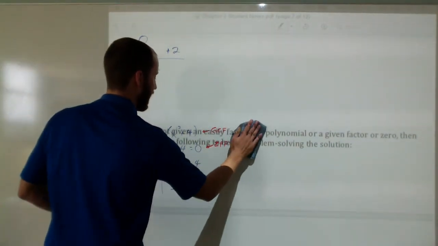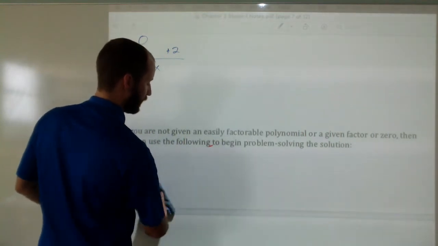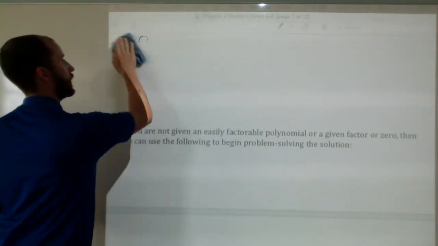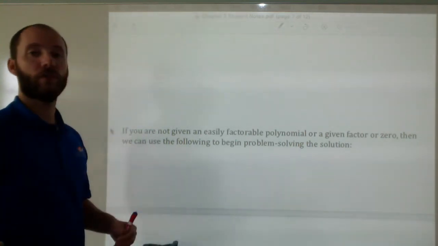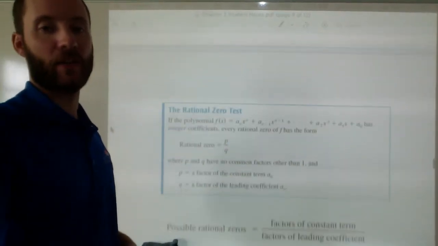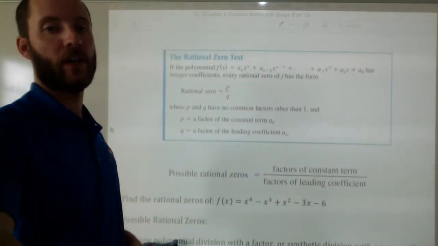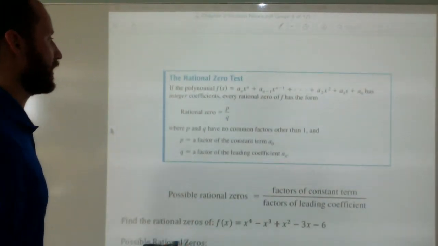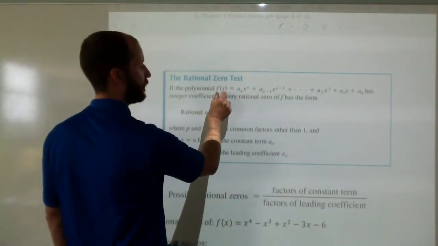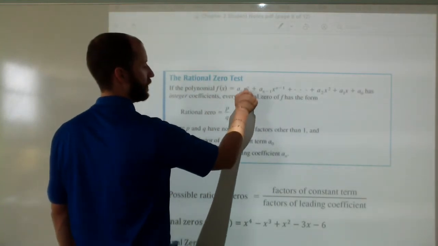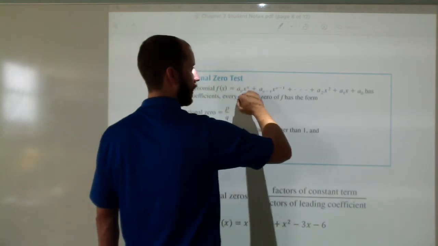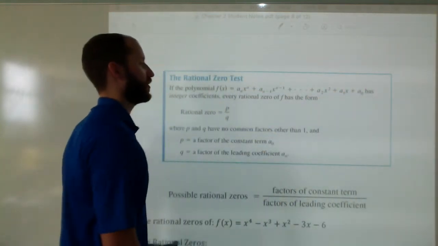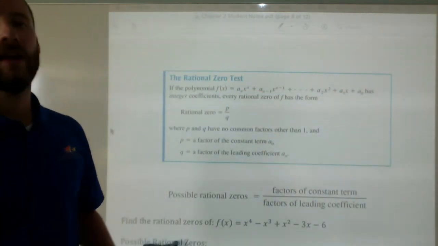Now, if you are not given a problem that is easily factorable, we're going to give you a whole new tool to break those open. It's called the rational zero test. You have a polynomial function with your coefficient, your x value, your next coefficient, your next x value, all the way down to a final constant.